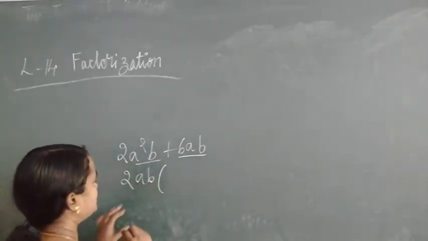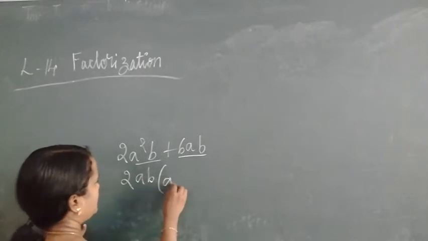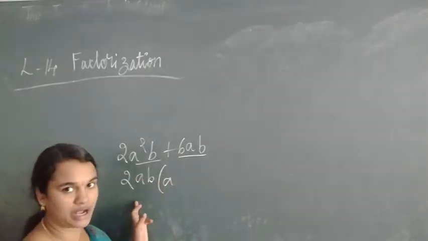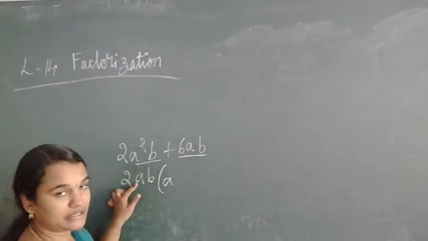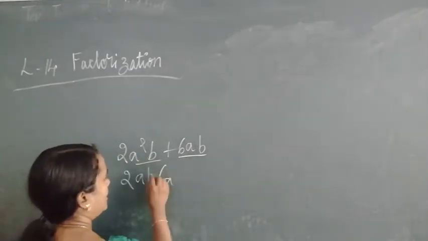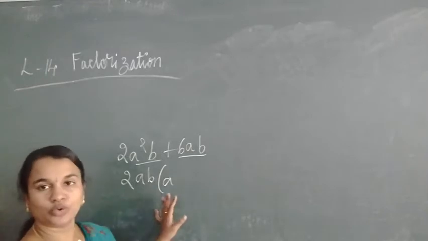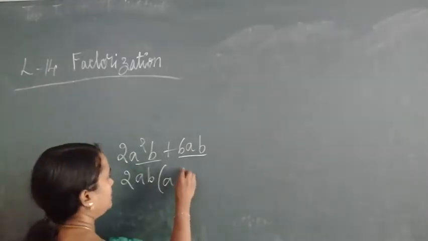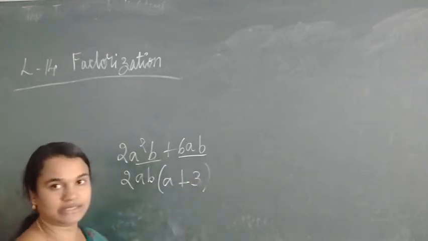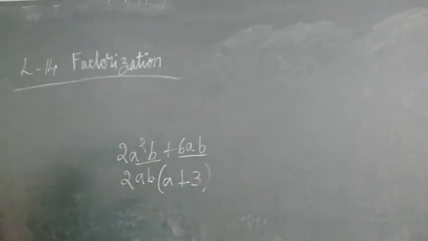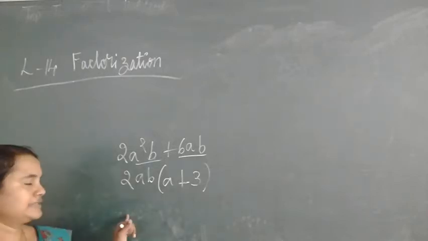Here 2a square b, 2 we have taken out, ab already taken out, so only a is left. Plus 2 3s are 6, ab is given. So the answer will be 2ab into (a plus 3). Like this we are doing.